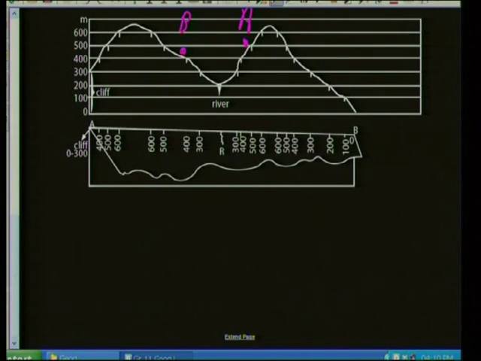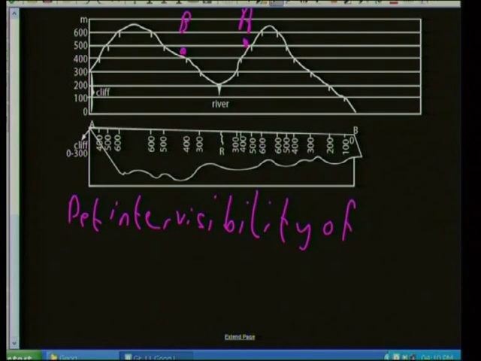Say, determine intervisibility of A from B. So I look at it. I'm standing at B and looking at A. Is A visible from B? Yes, it is. I can see it on my cross section.